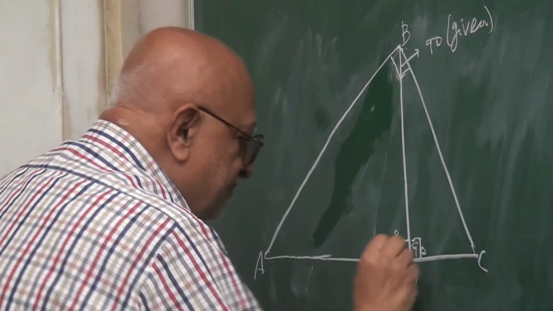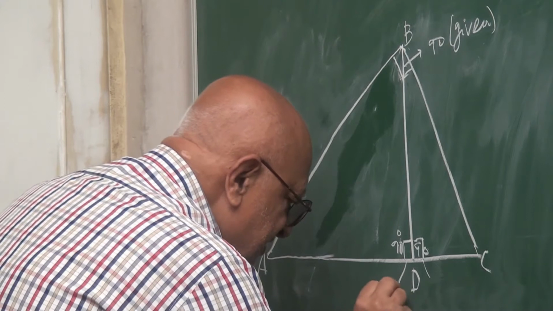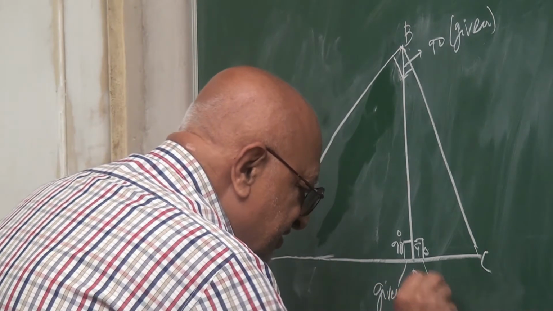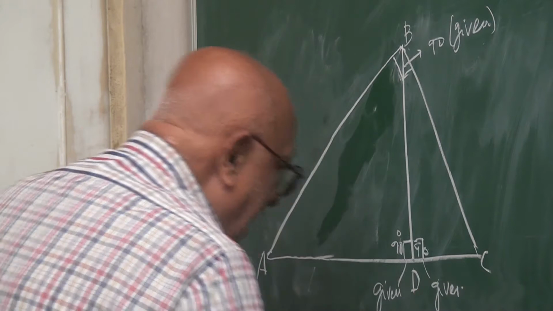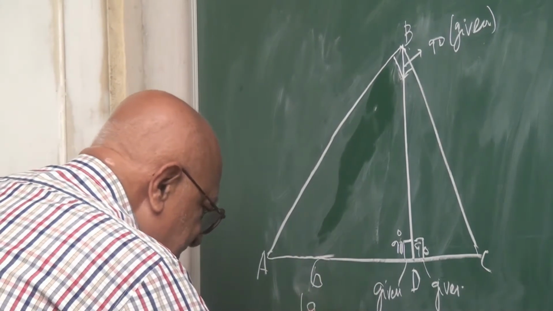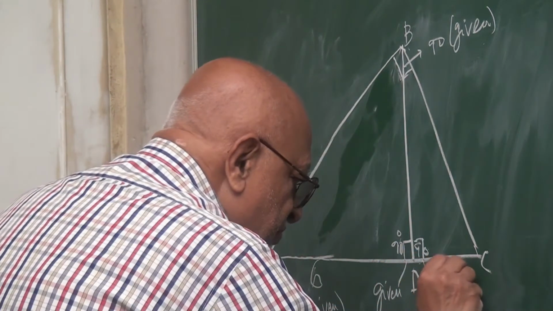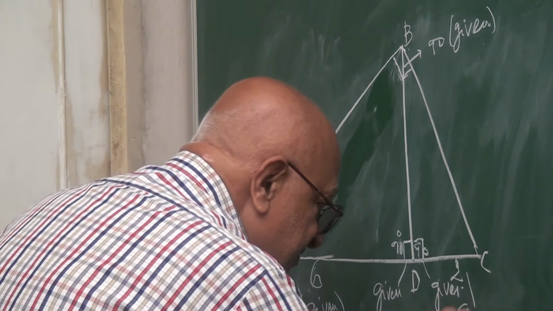This is said, perpendicular is said, that means these two are also given. And AD equal to 6 is also given. DC is equal to 2, that is also given. So these are given.